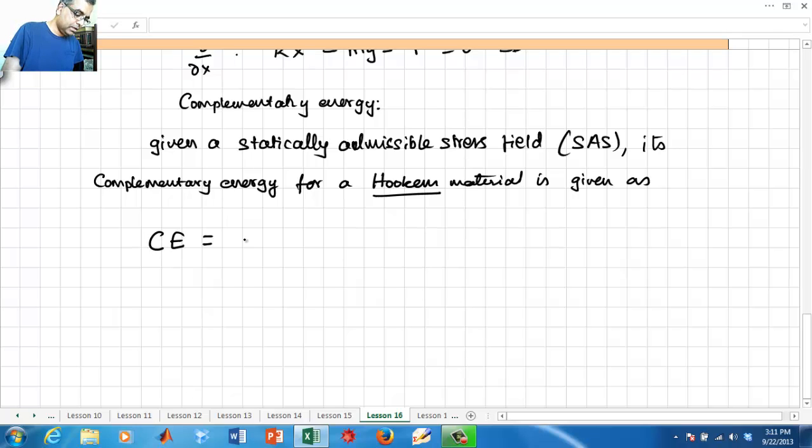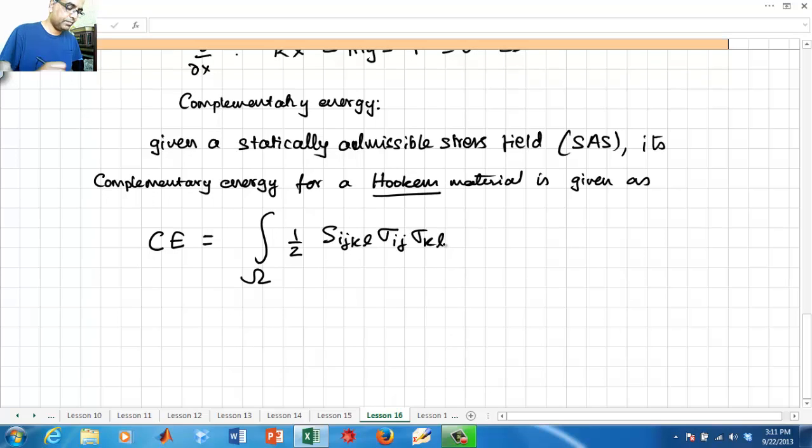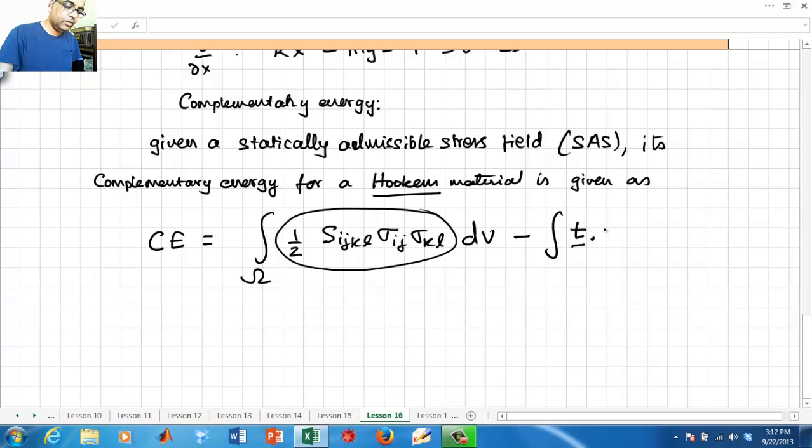complementary energy equals integral over the region of 1/2 S_ijkl sigma_ij sigma_kl. Notice it's S not C, so this is dV minus integral T times U on the boundary ∂Ω2.